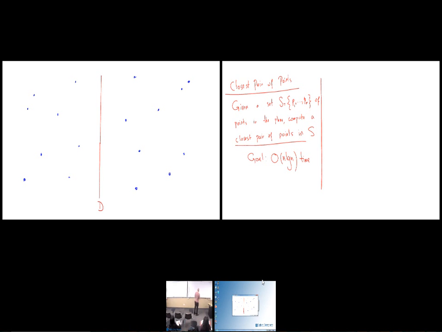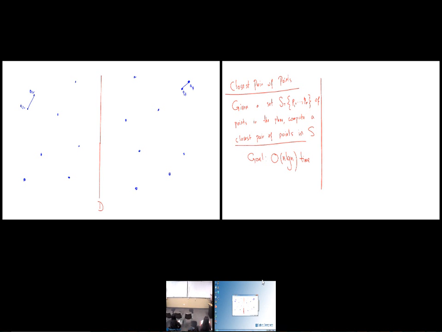So let's say these two recursive calls, again assuming we have a correct algorithm, return the following two pairs. To the left of this line, we return this pair, let's call it PL, QL. To the right of the line, the algorithm returns this pair, PR, QR.